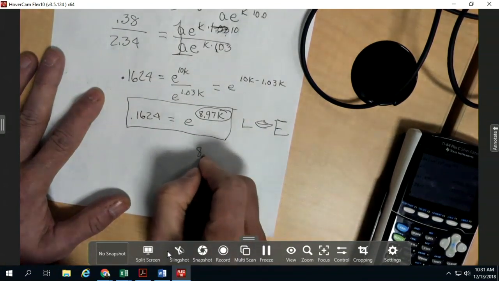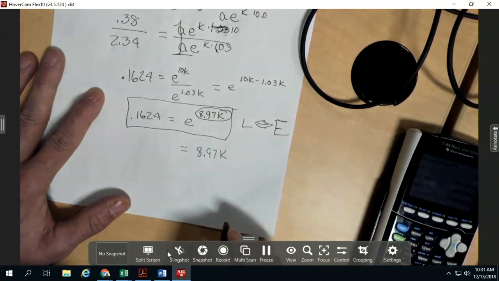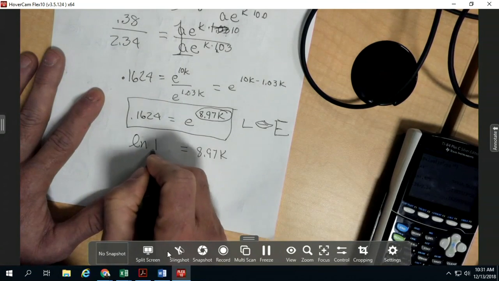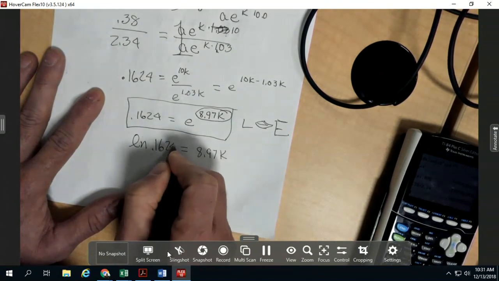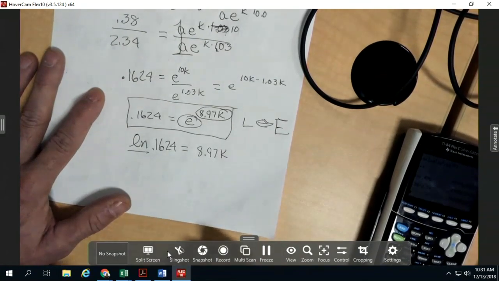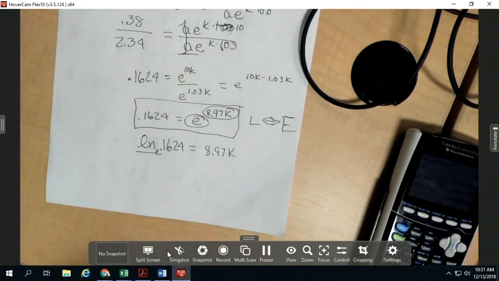So 8.97k is ln of 0.1624. Remember, if the base is e, then the log is an ln. This just means log base e.